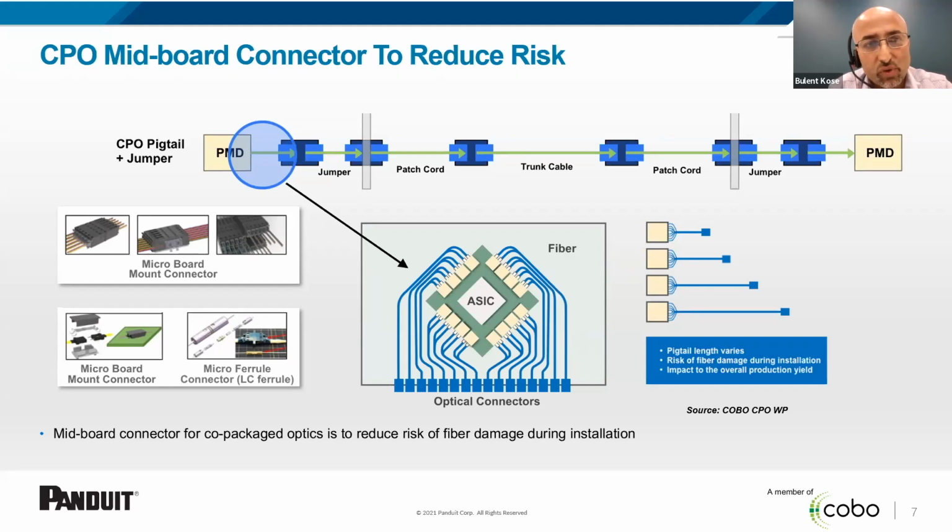So to be able to solve this problem, an idea is to have a mid-board connector, so we can have at least one connection point where we can manage these fibers in a better way for reliability.